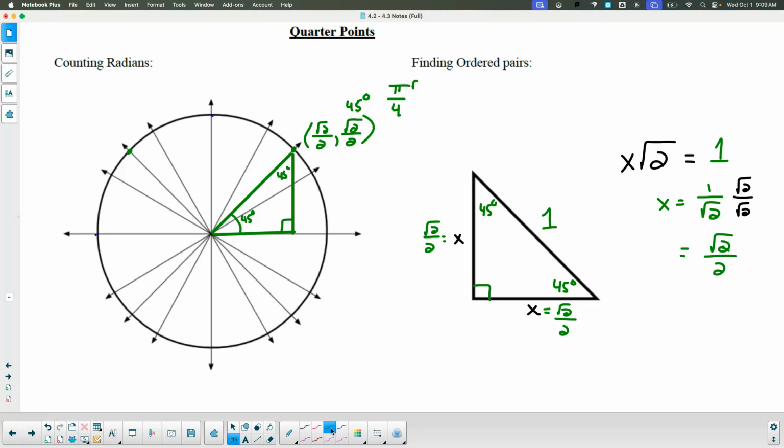Knowing what I know about a Cartesian coordinate system, where all points in quadrant 1 are positive, positive, all points in quadrant 2 are negative, positive, all points in quadrant 3 are negative, negative, and all points in quadrant 4 are positive, negative, then the coordinates of this point would be negative square root 2 over 2, comma, positive square root 2 over 2.